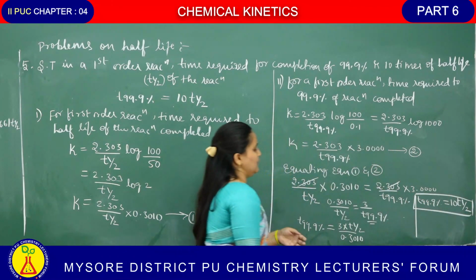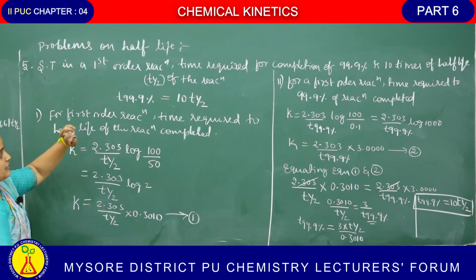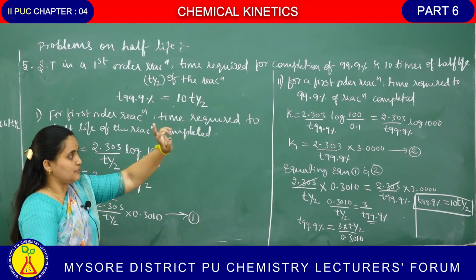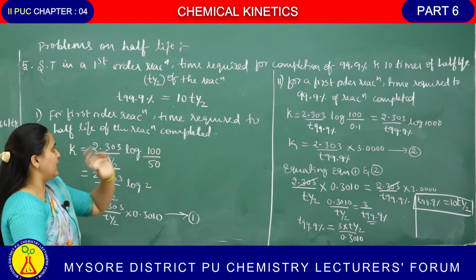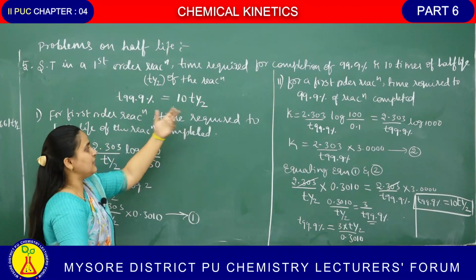Is it clear? Okay. Listen carefully. Show that in a first order reaction, time required for the completion of 99.9% is 10 times the half-life. t 99.9% is equal to 10 t half, this we have to prove.